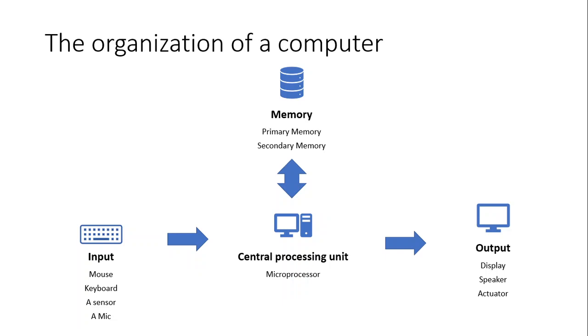Primary memory is your random access memory. It is the memory that is directly accessible by your CPU. It is important. Why? Any program that you want to execute must be loaded into the primary memory. Any data that you want to process must be loaded into your primary memory.